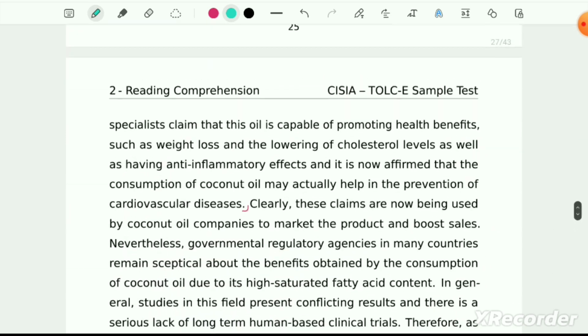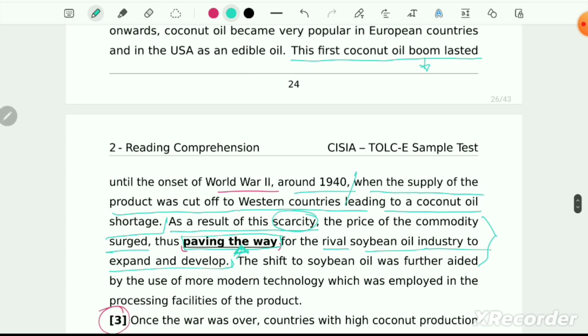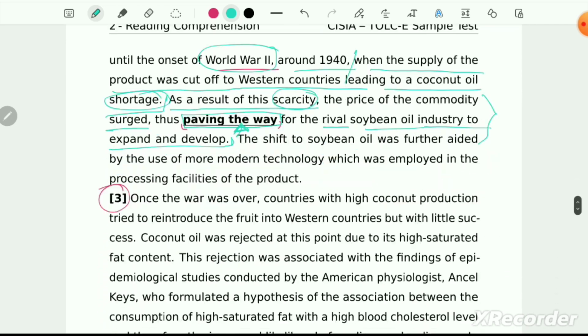See, in this sentence, the first coconut oil boom lasted until World War II, but what happened? Because of the lack of supply, lack of transportation from Asia to Western countries, it led to a coconut oil surge. Okay, so this could be an answer.